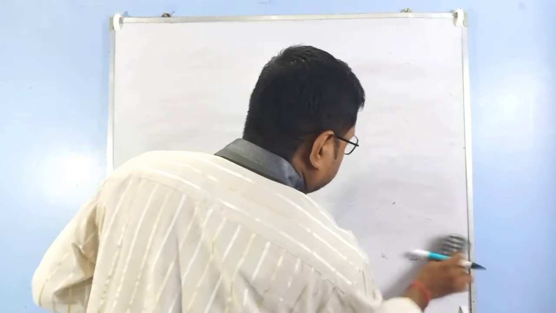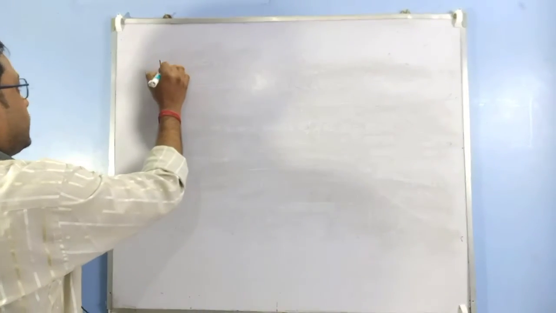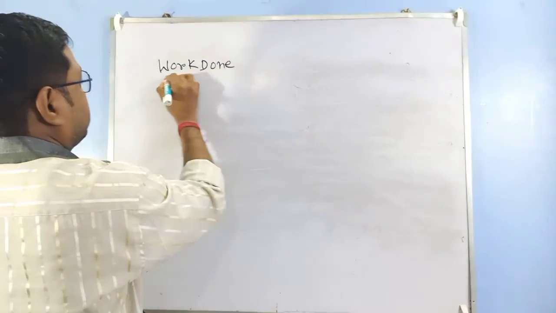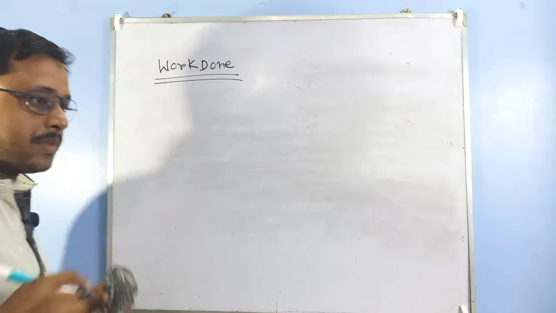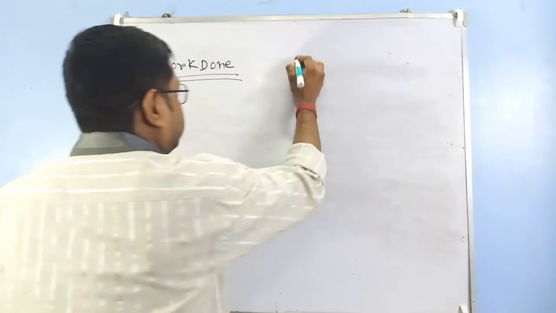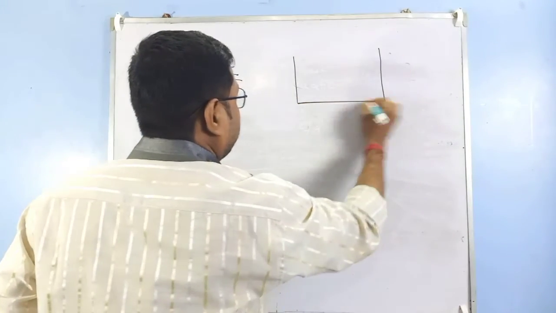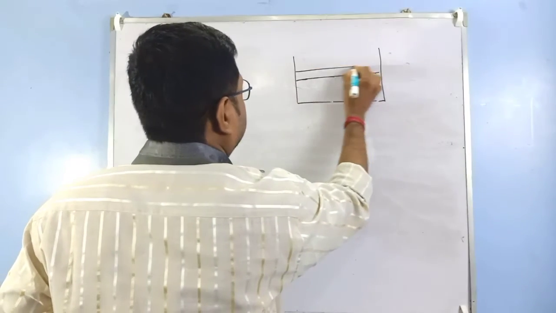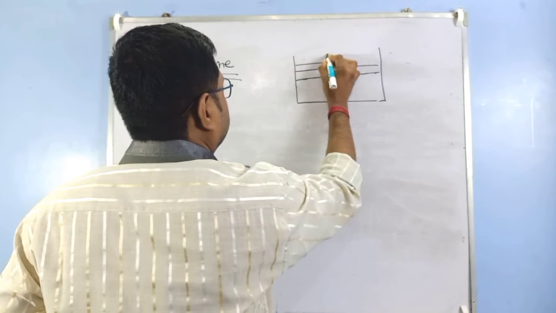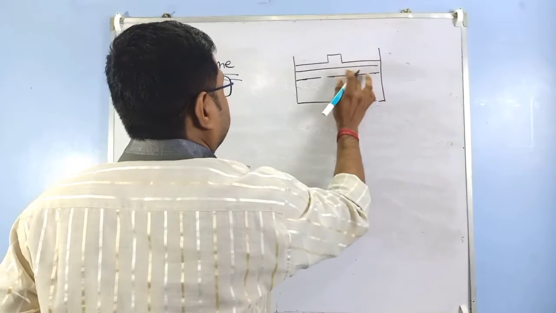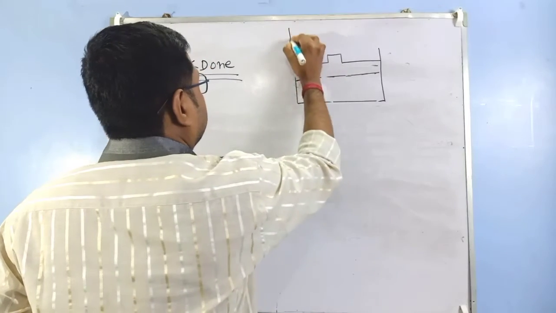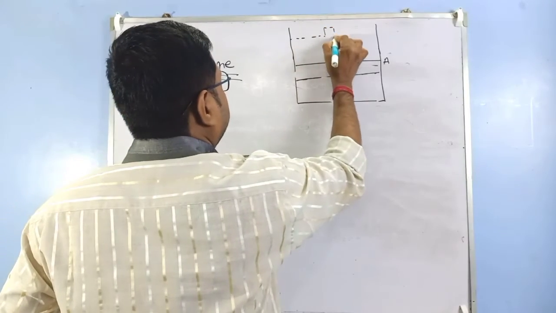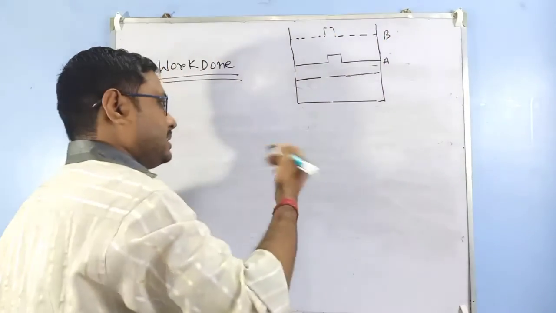Now, work done in an isothermal process. This is very important for class 11 students. Suppose a gas is enclosed in a container, and the piston is moved from position A to position B due to expansion of the gas.